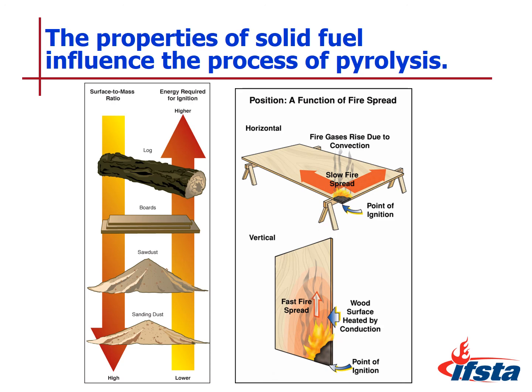We always start with twigs or kindling because their surface to mass ratio is such that it's easier to light, gives off enough heat to be lit, which in turn will help us walk up the chain. In this part they're using sanding dust, sawdust, all the way up through boards and then logs in general.